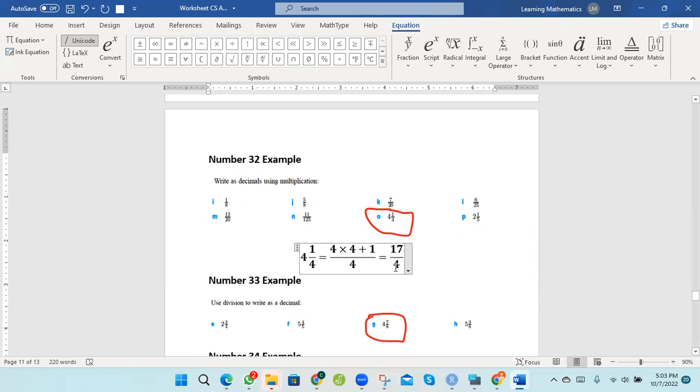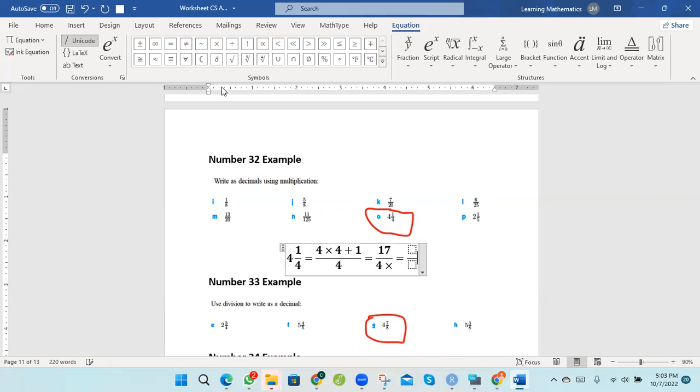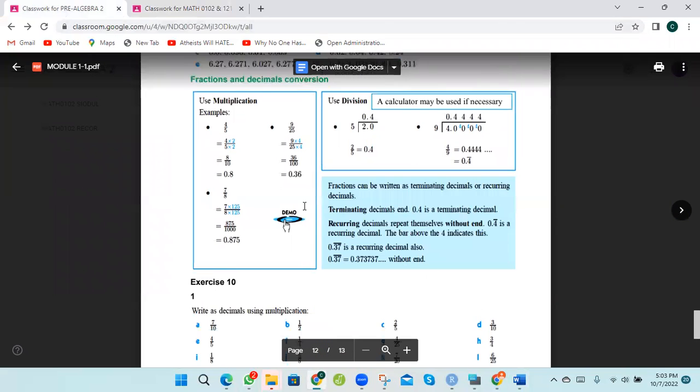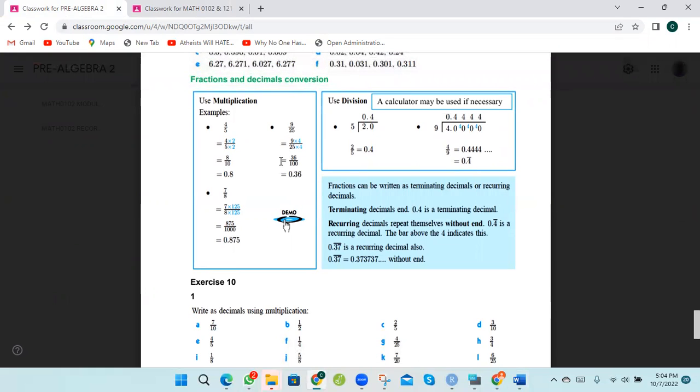So we need to multiply 4 by a number so that our result will be a number with 1 and zeros. As explained in module 1, here it is. You have to multiply in such a way that you get a number with 1 and zeros.